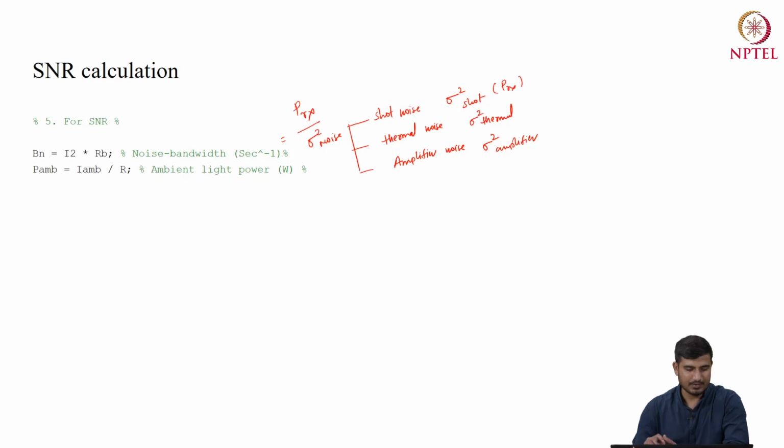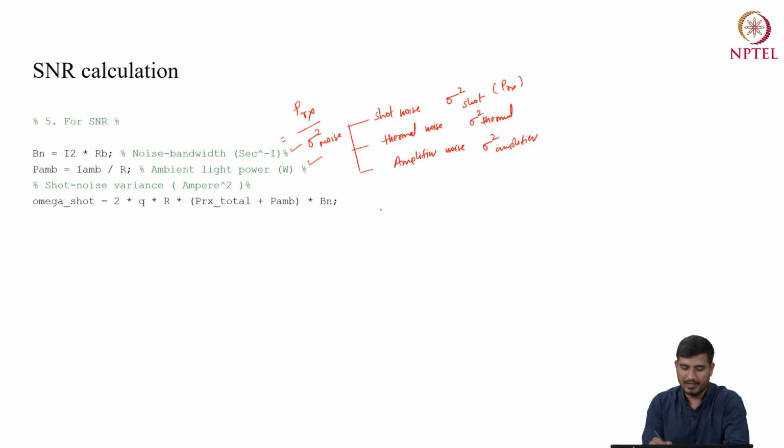Like we have defined the noise bandwidth as I2 into RB, where RB is the data rate, and then the ambient light power, which is the ratio of ambient light intensity divided by R, the radius of the room, and then the shot noise, which, if you know, is defined as 2q R responsivity into P received plus P ambient, multiplied with noise bandwidth Bn.